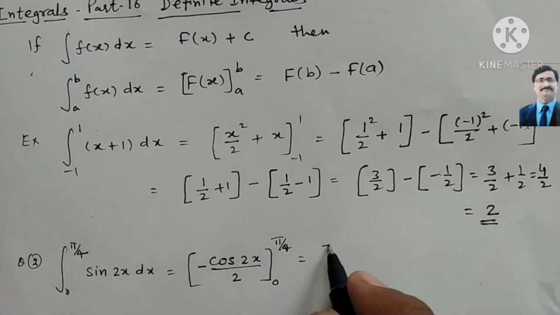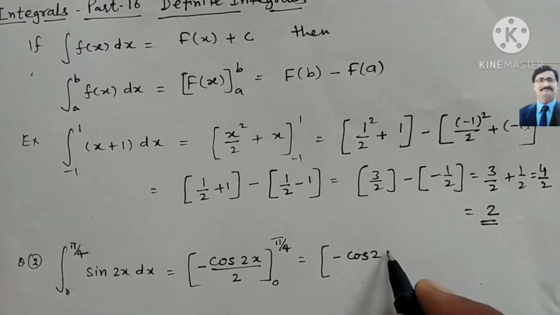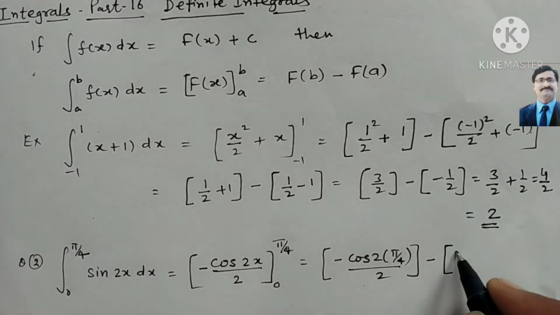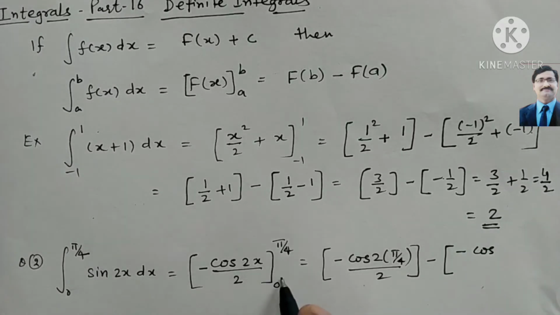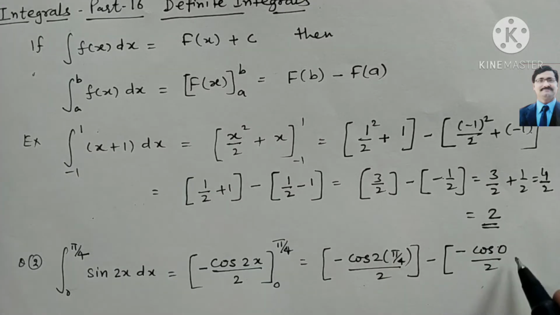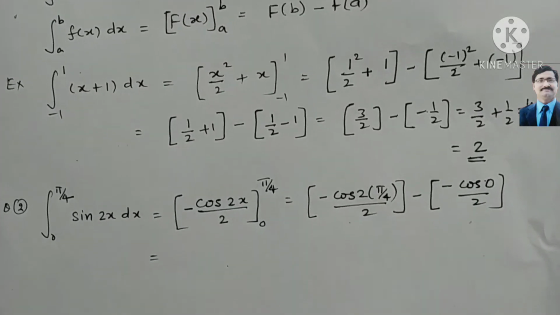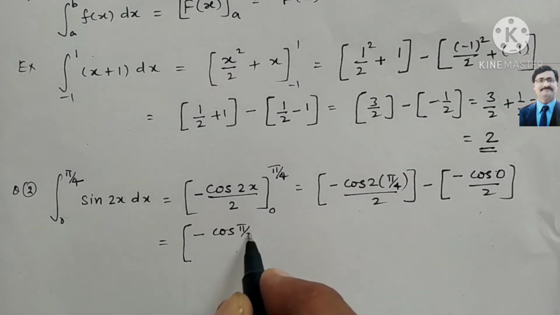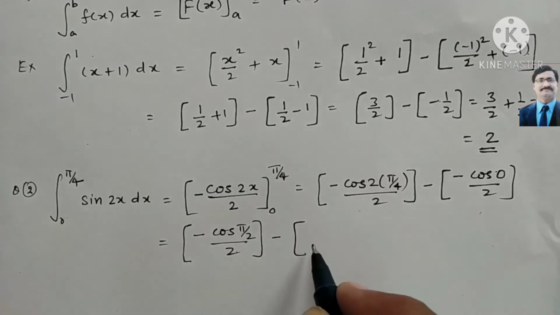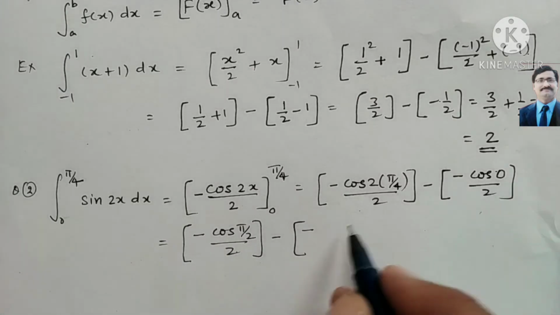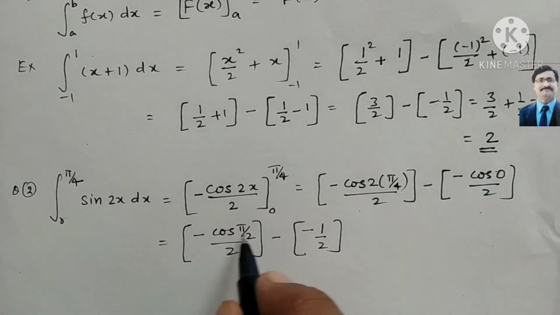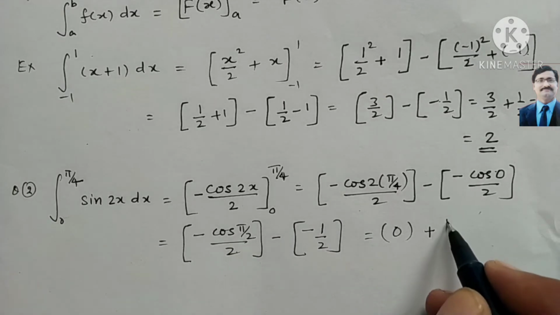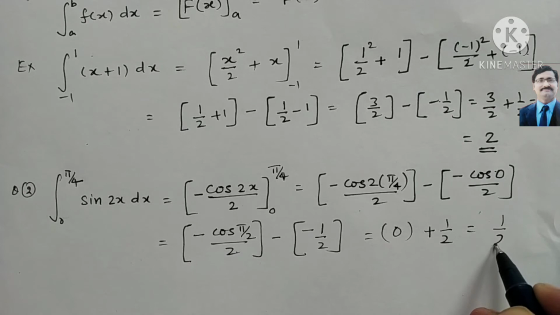So first in place of x we put pi by 4, and then we put 0 in place of x, so 2 into 0 is 0 upon 2. Now we get minus cos pi by 2 upon 2, and minus we have here minus cos 0 upon 2. Cos 0 is 1, and cos pi by 2 is 0, so this is 0, and minus minus is plus 1 upon 2, so this answer is 1 upon 2.